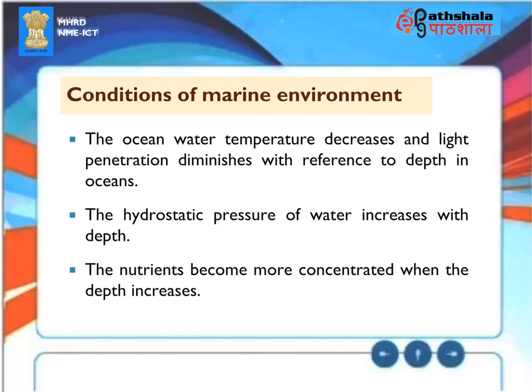The ocean water temperature decreases and light penetration diminishes with depth in oceans. The hydrostatic pressure of water increases with depth. The nutrients become more concentrated when the depth increases.